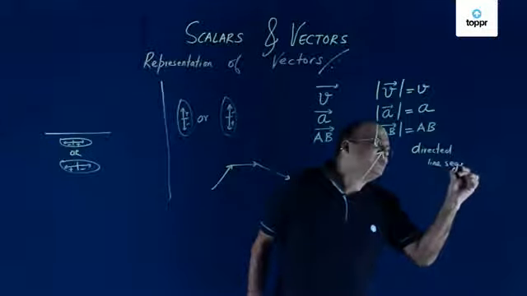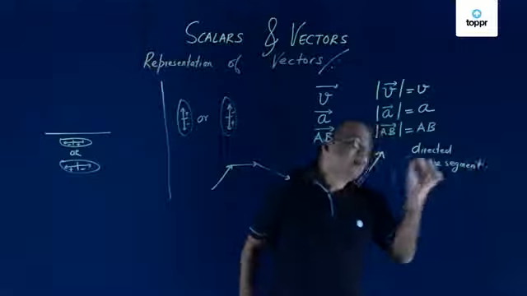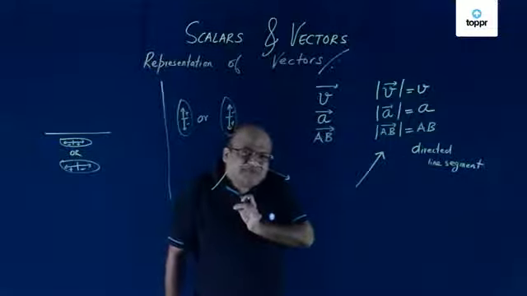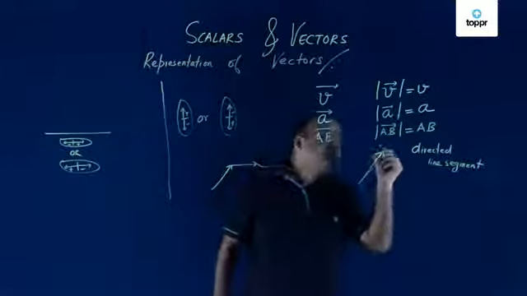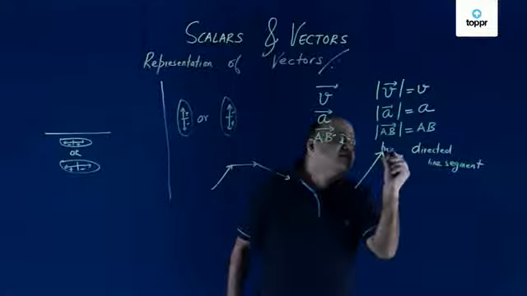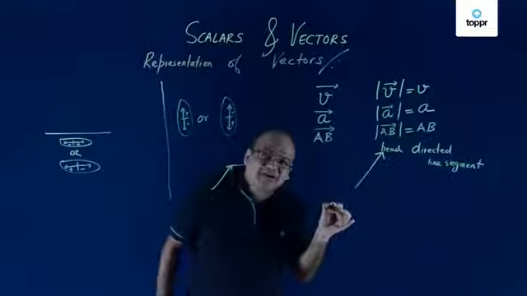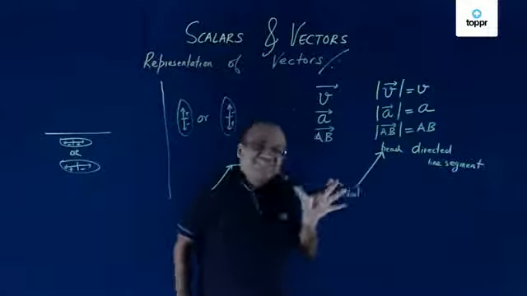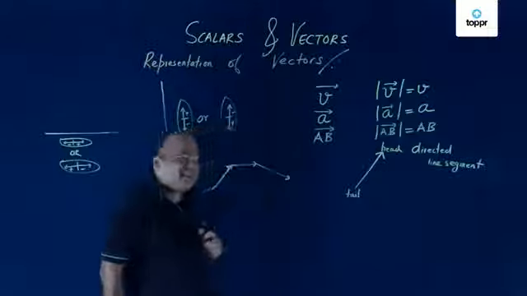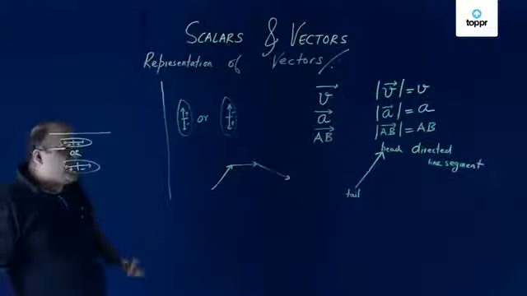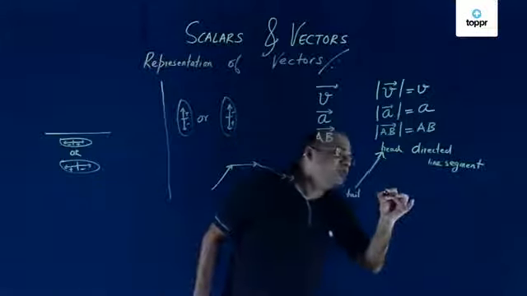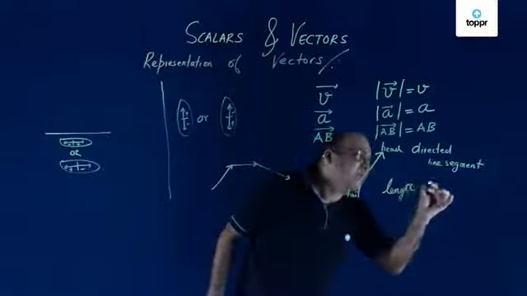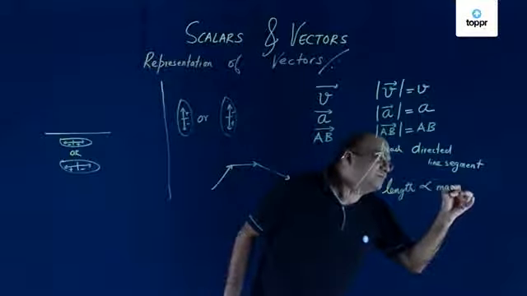Line is supposed to be infinite length, segment is part of a line, directed means one side is having arrow. The side which has got arrow is called head of the vector, and which does not have arrow is called tail of the vector. So vector has got head and tail, right? The length of this line is proportional to magnitude of vector.